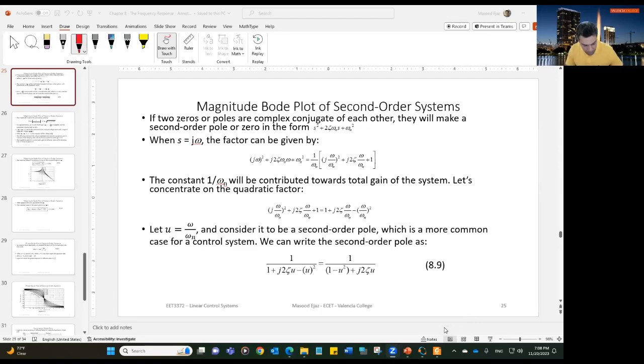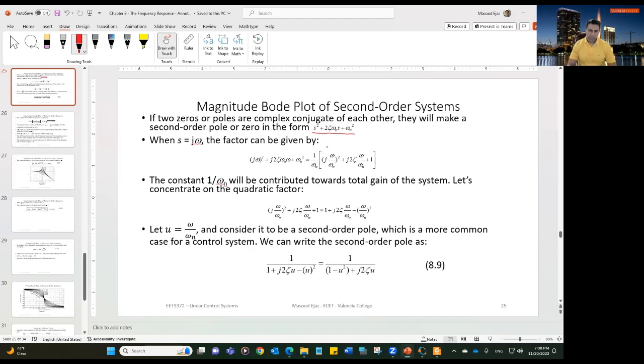So guys, second order system, if you have a complex conjugate root, whether it's in the pole or in the zero. Generally we look into the zeros because the zeros define the transient characteristics if you have the complex conjugate pole in the transfer function. So magnitude Bode plot, and then we're going to look at the phase Bode plot if you have the second order system. The general expression of the second order system, as we have discussed before, is s square plus 2 zeta omega n s plus omega n square.